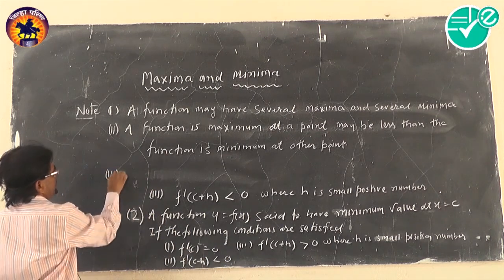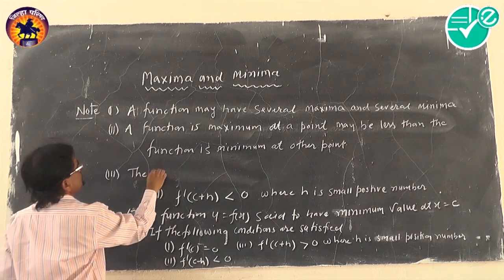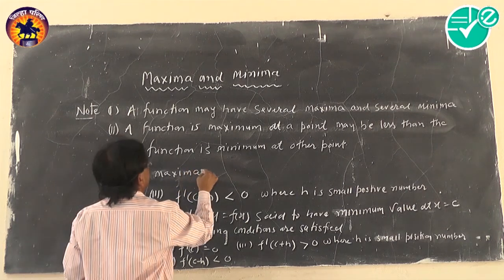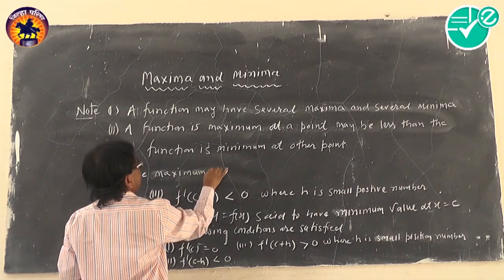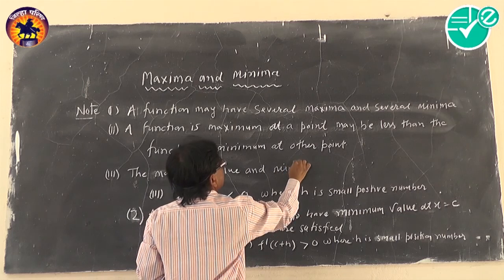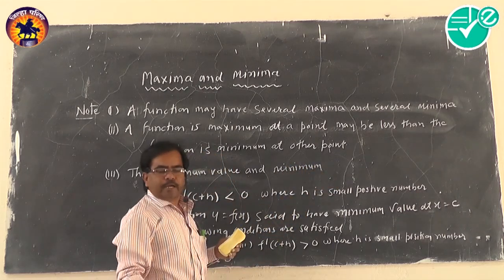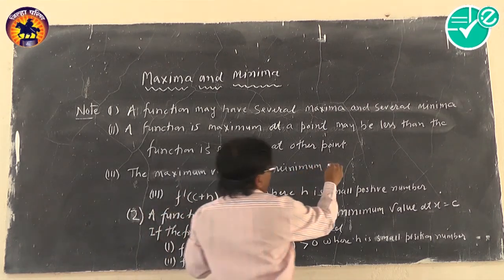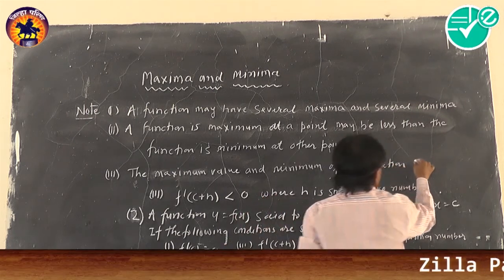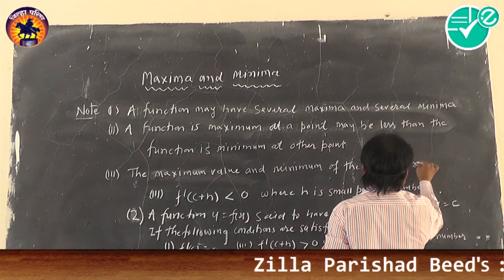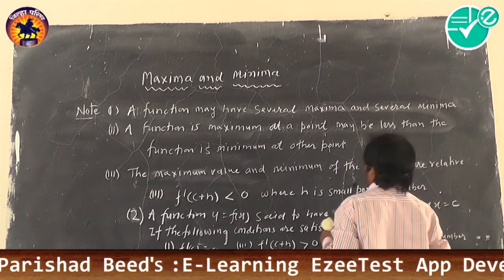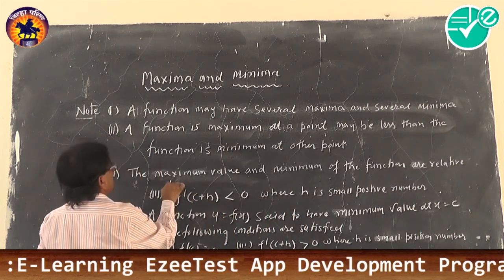Number 3, maximum value and minimum value of the function are relative to the interval.